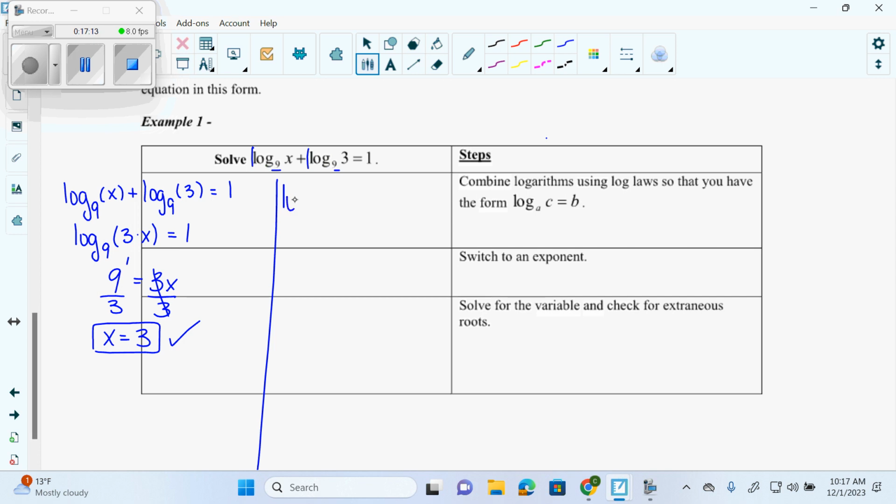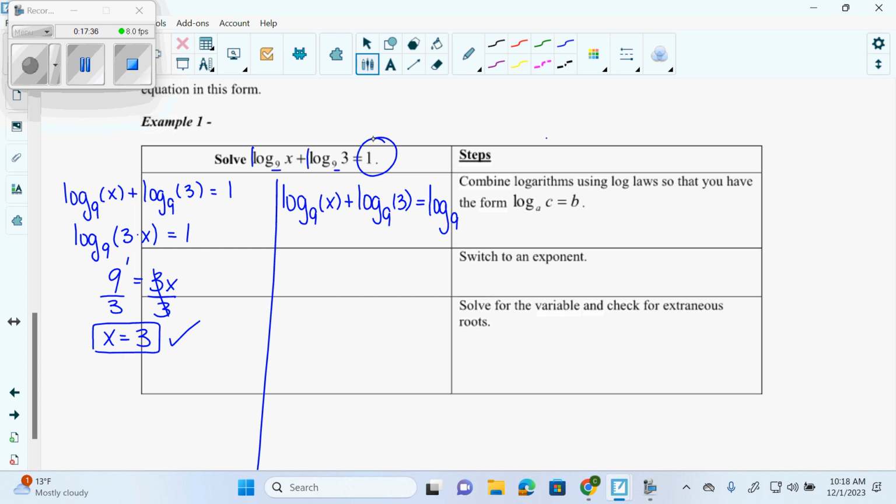I have log base 9 of x plus log base 9 of 3. Now I need log base 9 of something so that this 1 can go away and be a log. It needs to be log base 9 because the other ones are log base 9, right?